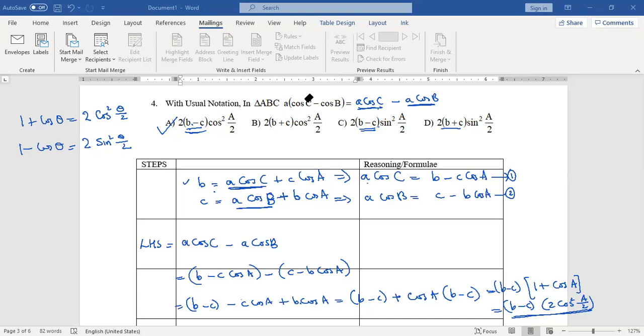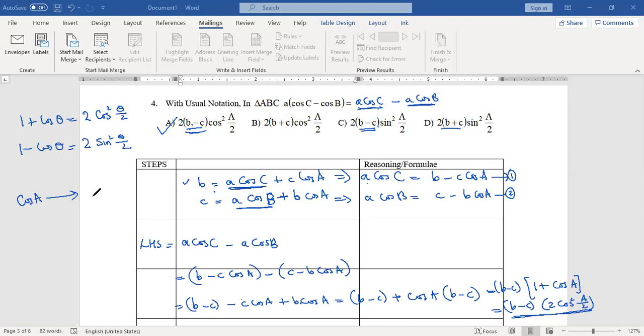How did I come to know that the projection rule should be applied here, with A cos C and A cos B? If we have different lengths and angles, like B cos C or C cos B, then we apply the projection rule. And when will you apply the cosine rule?